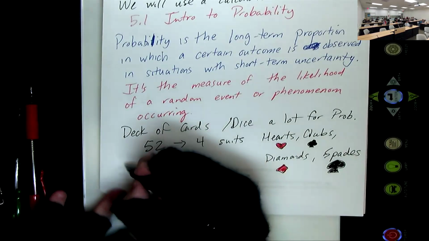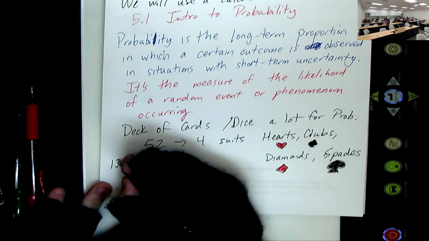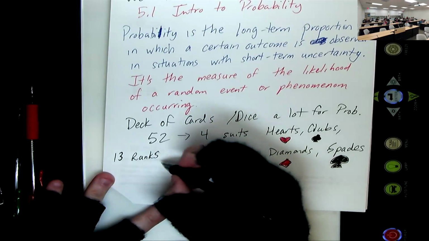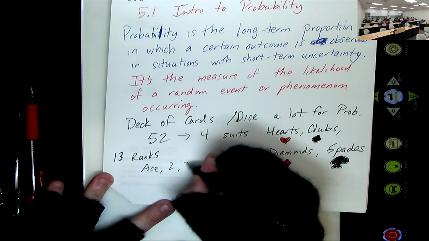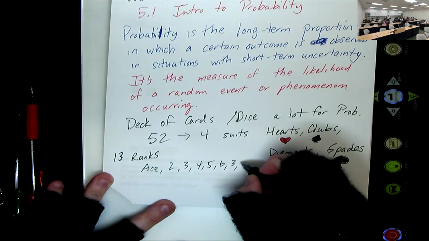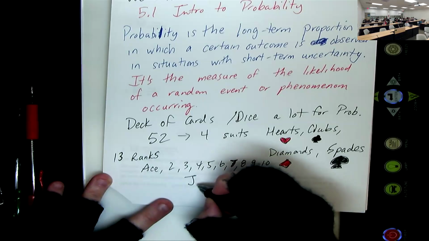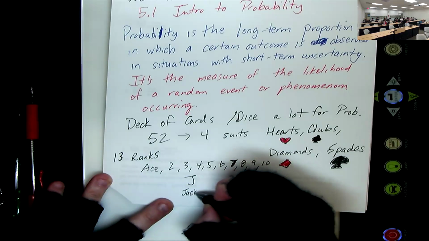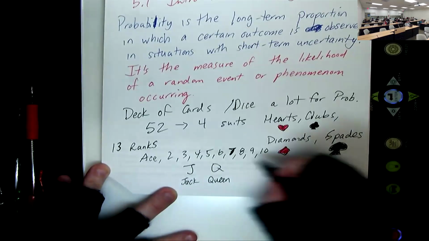Each suit has 13 ranks. There is ace, 2, 3, 4, 5, 6, 7, 8, 9, 10, jack, queen, and king.